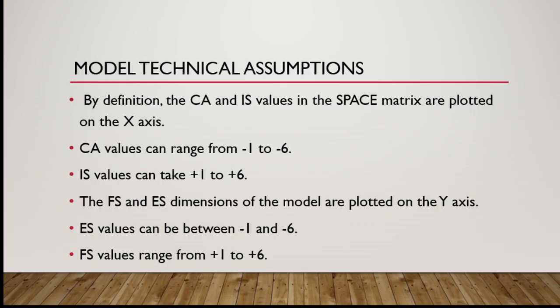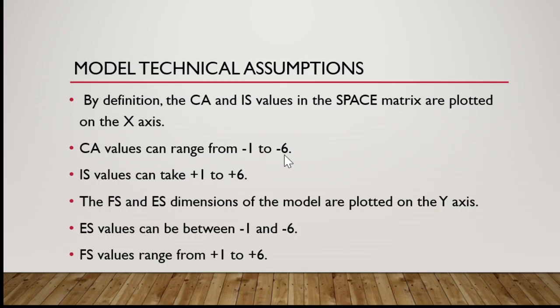First, by definition, CA is competitive advantage and IS is industry strength, yun yung mga nasa x-axis natin. Okay? So, our CA and IS in the SPACE matrix are plotted on the x-axis. So, yung competitive advantage natin, our CA values can range from -1 to -6.